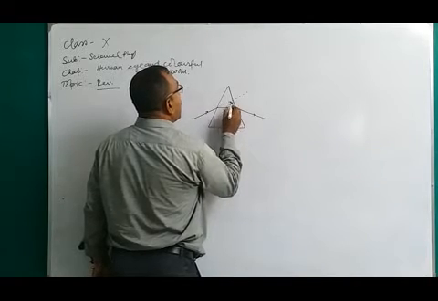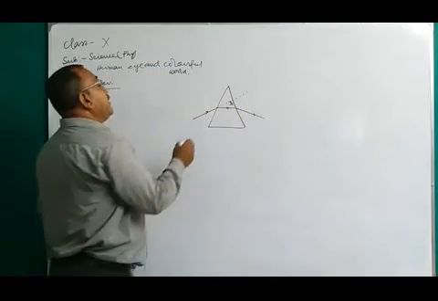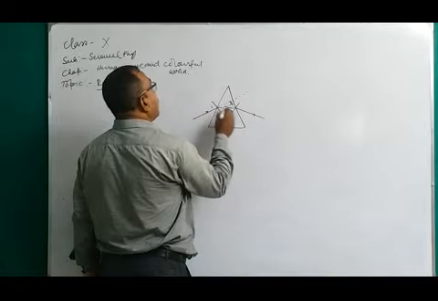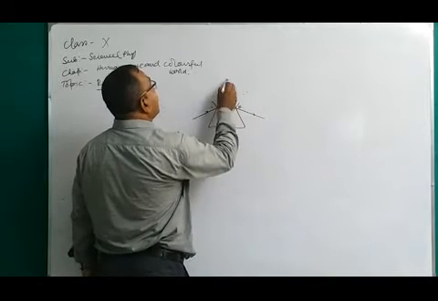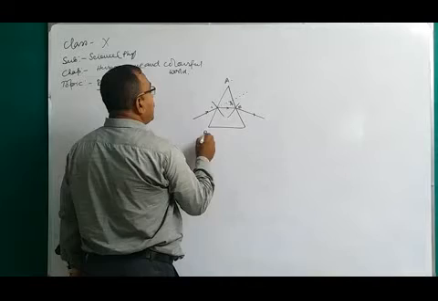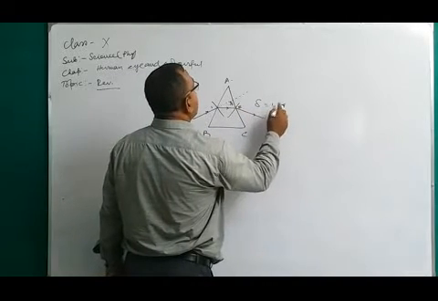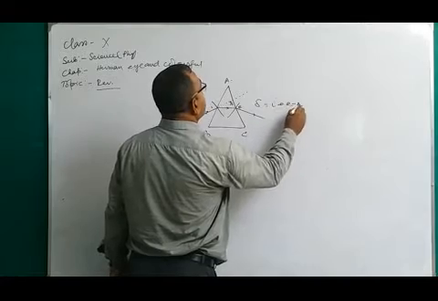So this is the angle of deviation. This angle is equal to I, that angle equal to R, and that angle is the emergent angle, and that is the prism angle. So we know delta equals I plus E minus A.